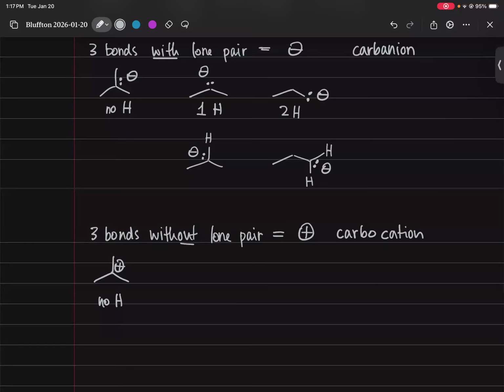I will draw the hydrogens explicitly the first time here. Same structures, just without the lone pair. And that's the difference between a carbanion and a carbocation.